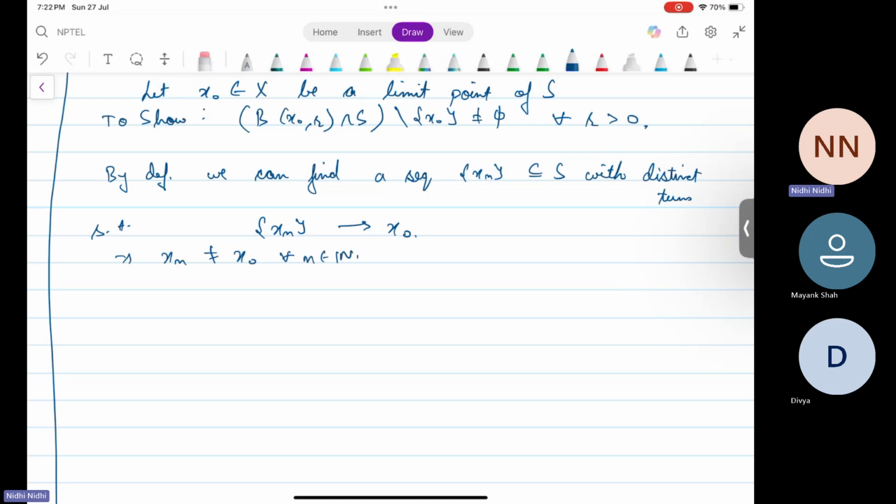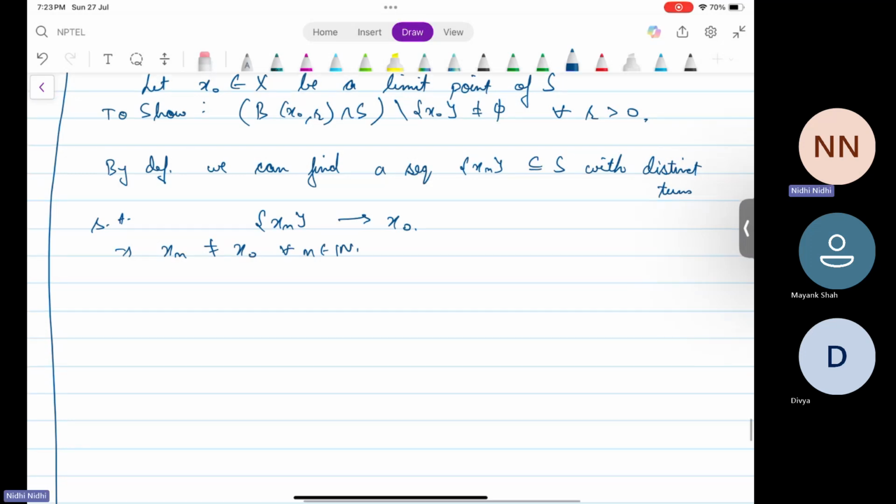Because if some terms were equal to the limit, it would directly imply that the sequence was eventually constant. But since the sequence has distinct terms, the sequence was never equal to x naught.